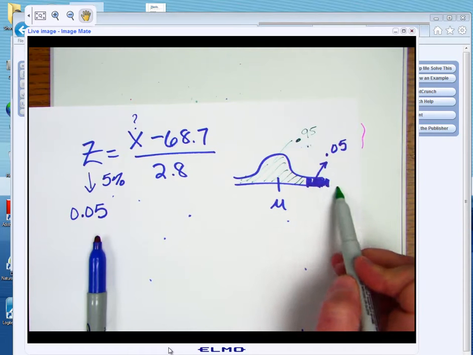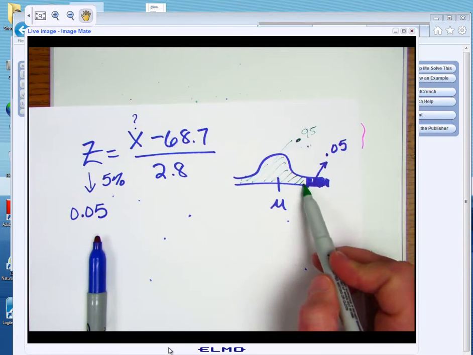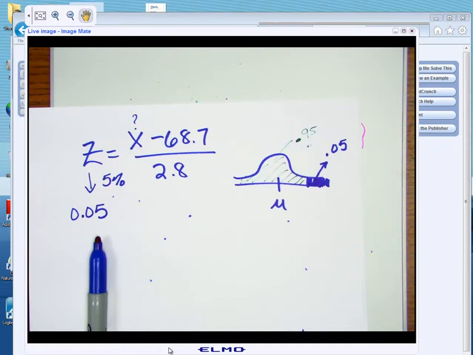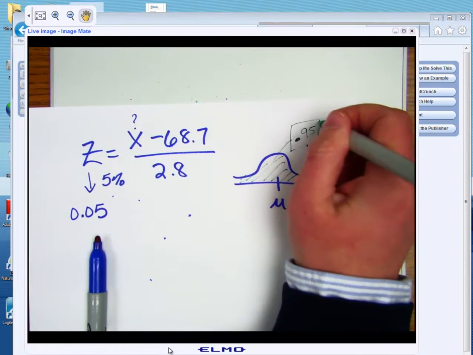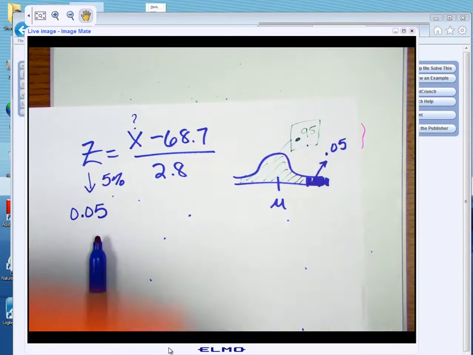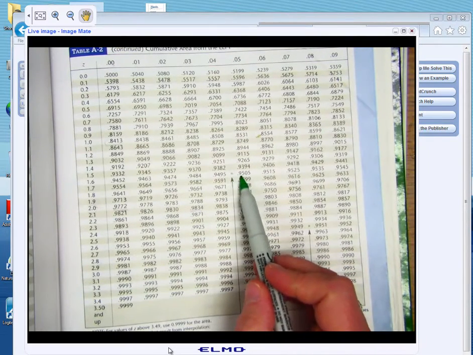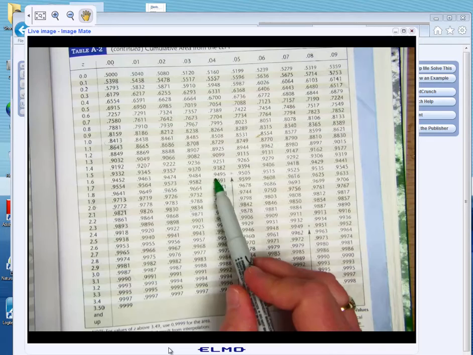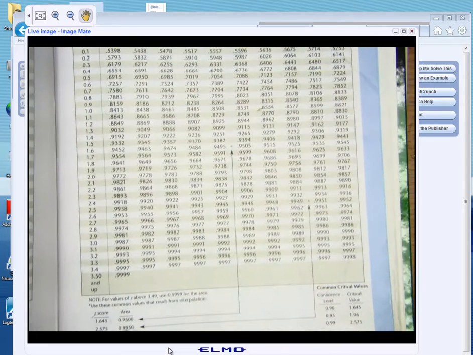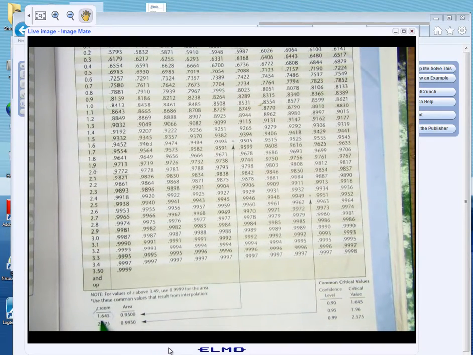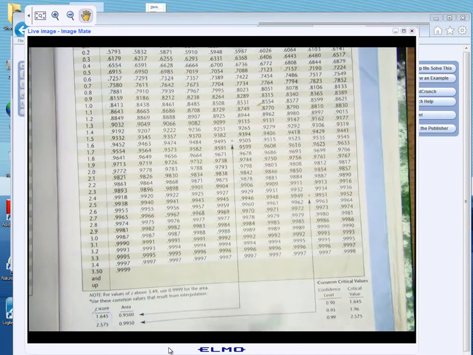If the area to the right is 0.05, that tells me that the area to the left must be 0.95. So I am going to look up 0.95 in my table. And it's important here that there's actually a star. Notice this is 0.9505. This is 0.9495. And if I come down here, it tells me the value is 1.645.